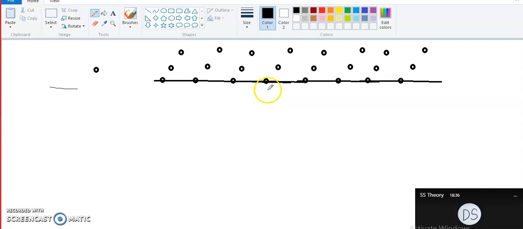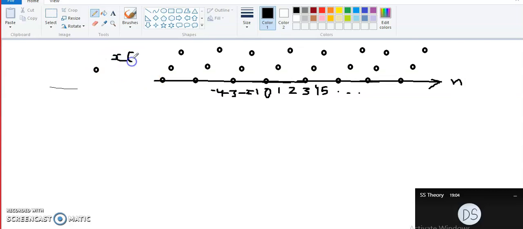Let us suppose this is 0, this is 1, this is 2, 3, 4, 5, and so on. And this is -1, -2, -3, -4, and so on. So the x-axis is n and the signal is x[n].